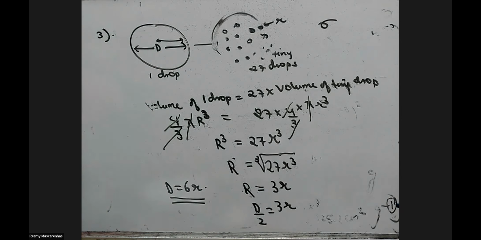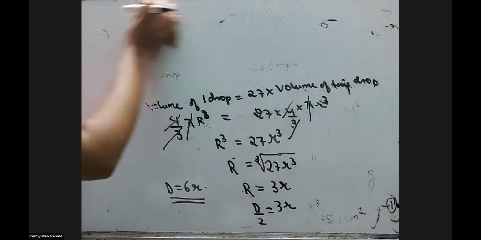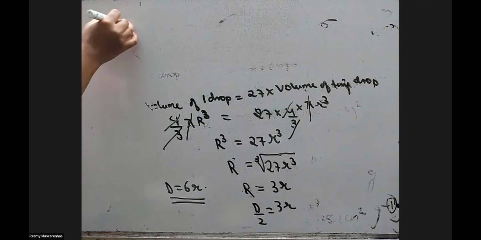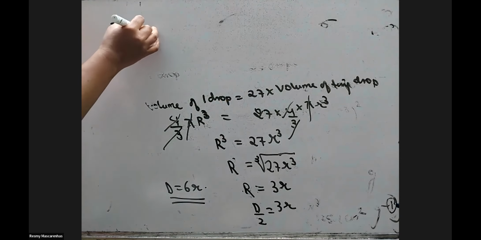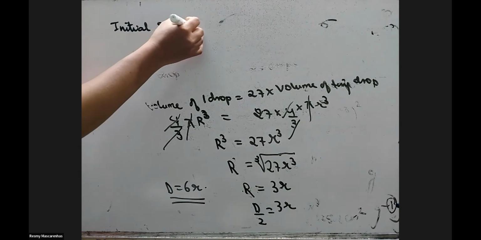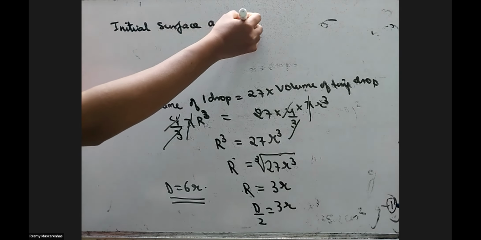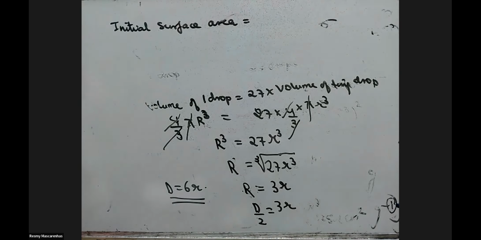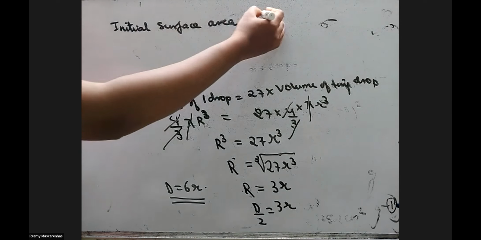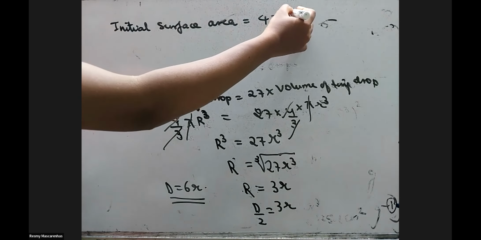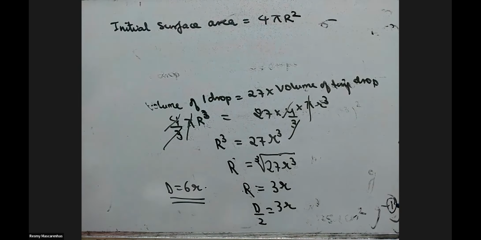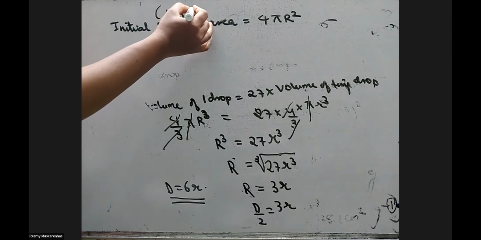Now we'll find out the change in the surface area. Initial surface area must be how much? The initial surface area will be 4 pi r square, that of the big drop.